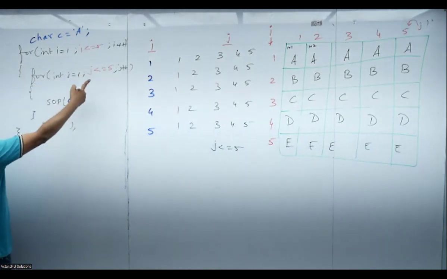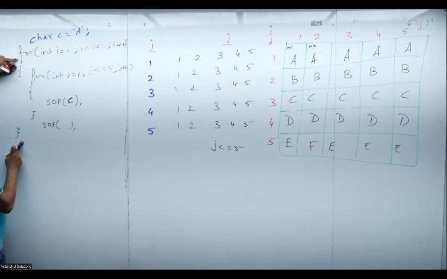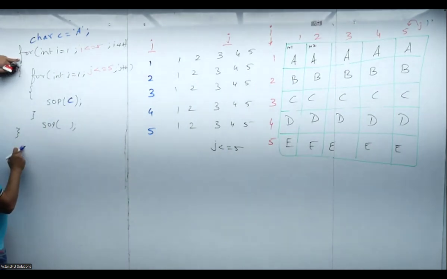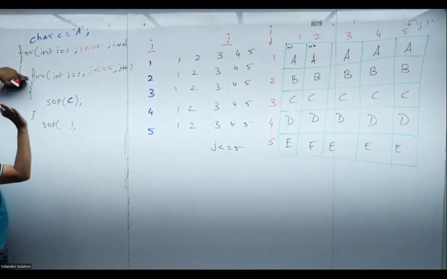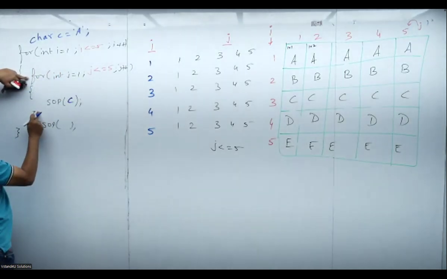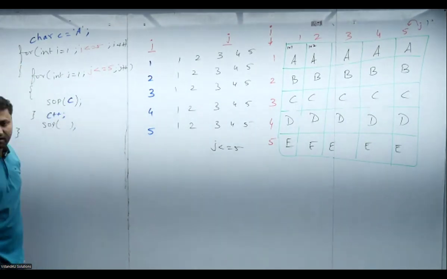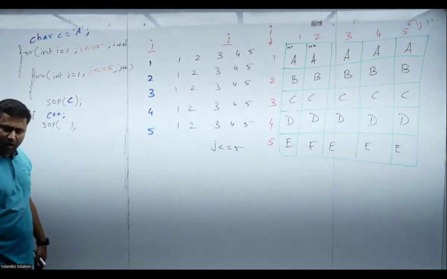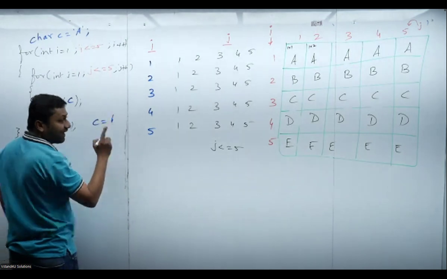The first time, when i is 1, I'm talking about the first row. How many times do I need to print the value of c? 5 times. I printed A everywhere. After I step out of this loop, I will say c++. When you are saying c, c is holding what? As per you, A.